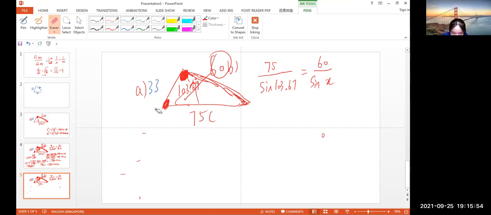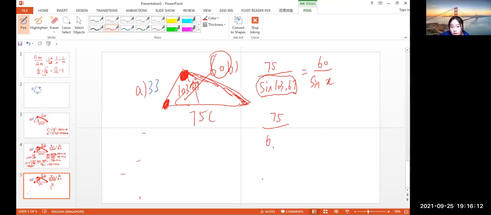Okay, so can you do it quickly? Help me out. Do the sine 103.67 first. What's the value of that? 0.97. Never mind. Yep.